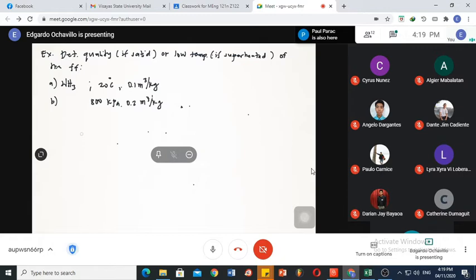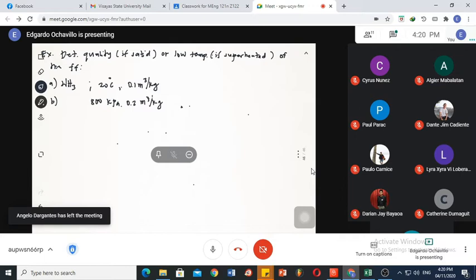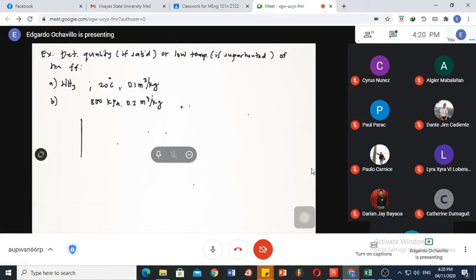So we will draw the T versus V diagram. Again, this is the critical point. This side here, what is this?